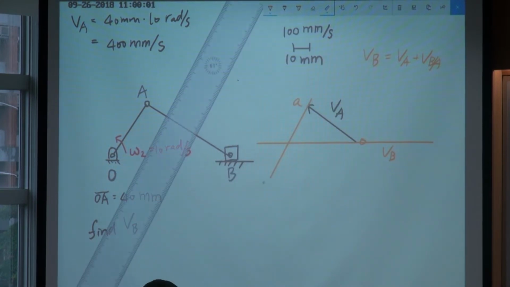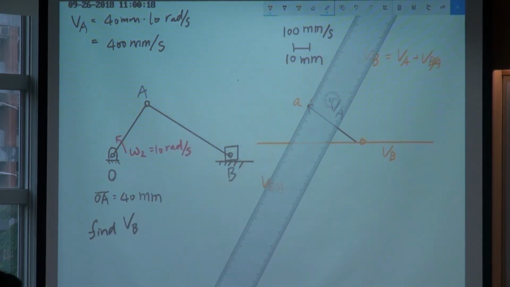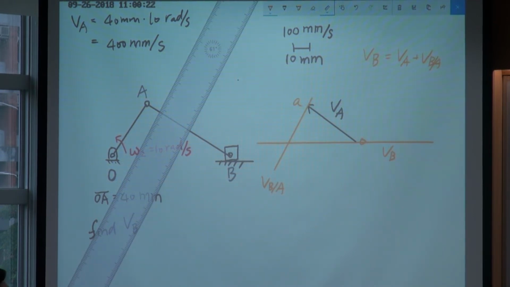So this line is representing VBA. We got a line representing VB and another line representing VBA. The intersection of these two orange lines must be point B.